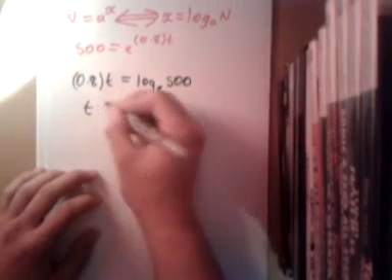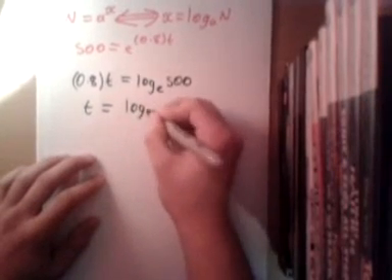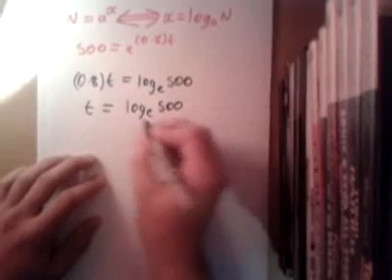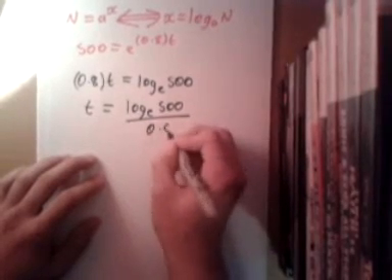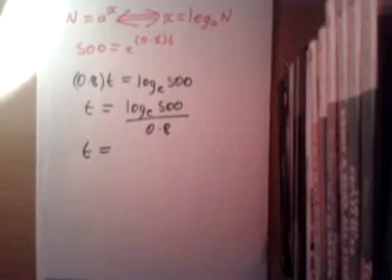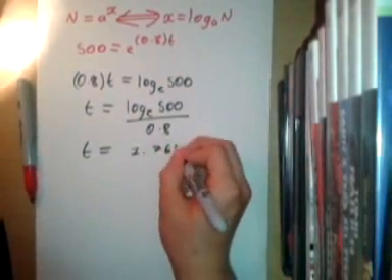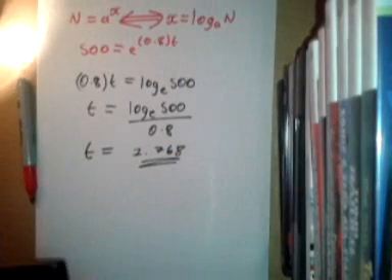Then rearrange it again, so we end up with t straight away, log e of 500 divided by 0.8, and then we can put that straight in our calculators. And as you can see, we've got exactly the same value as we got last time, 7.768. Okay?